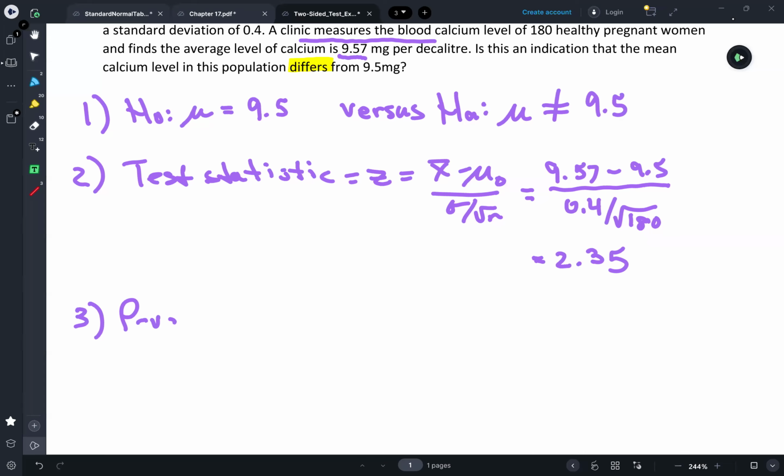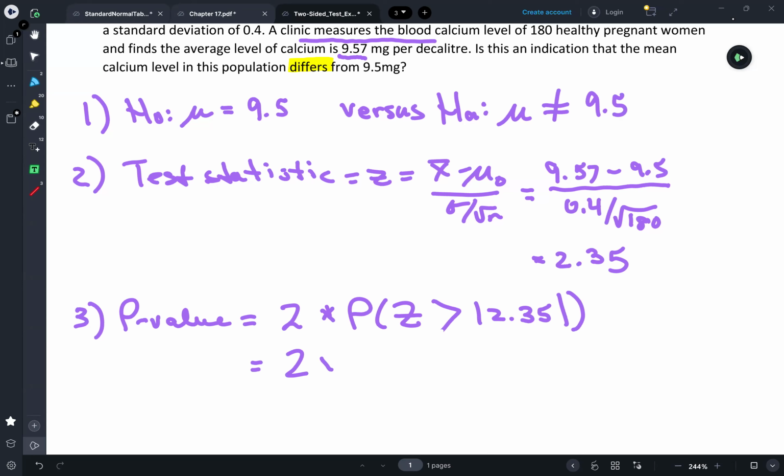We're going to then do our step 3, calculate the p-value, which is 2 times the absolute value. We don't really need it though, because we already have a positive Z. So that's going to equal, and this is, by the way, a star. That means multiply. So 2 times the probability that Z is greater than 2.35.